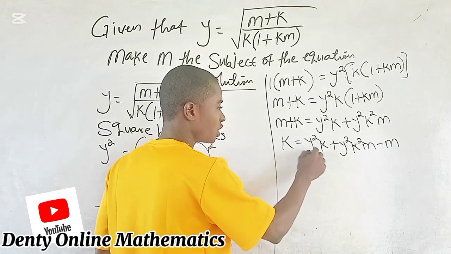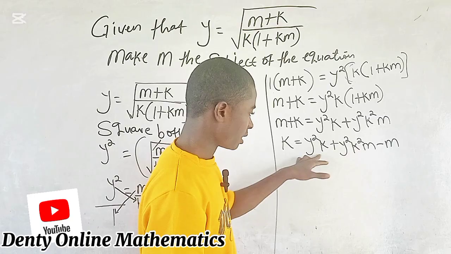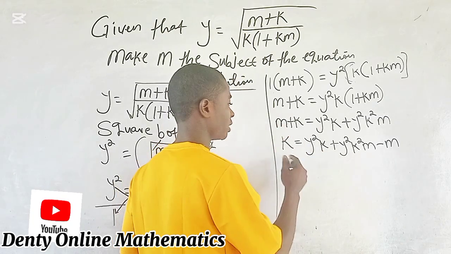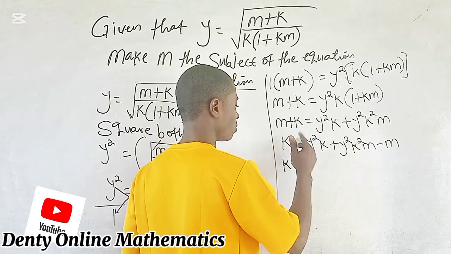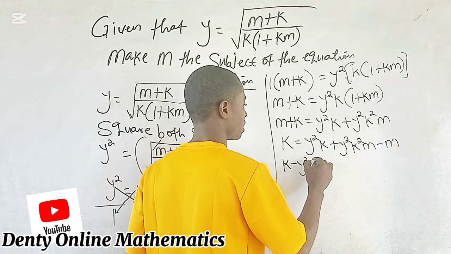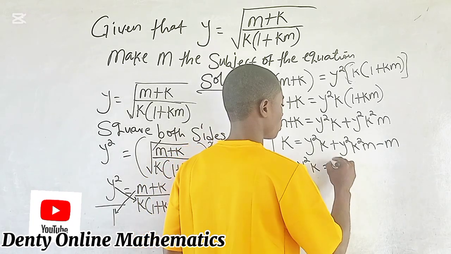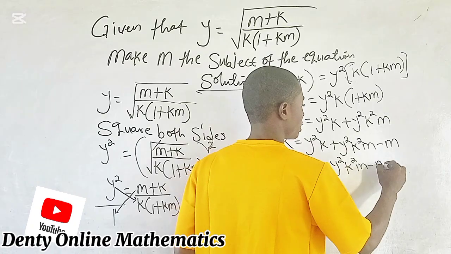Now this one is not attached to it because it does not contain any m inside. There is no m among. So I can move this other side, to the left hand side. So I have k minus, this will come over to give me y squared minus y squared k to be equal to y squared k squared m minus m.